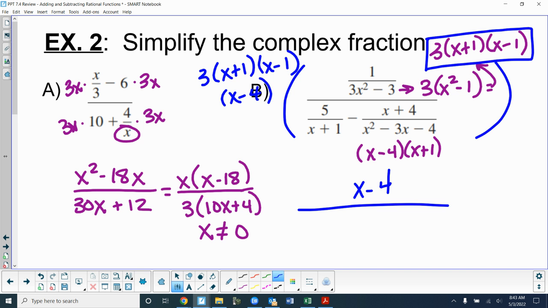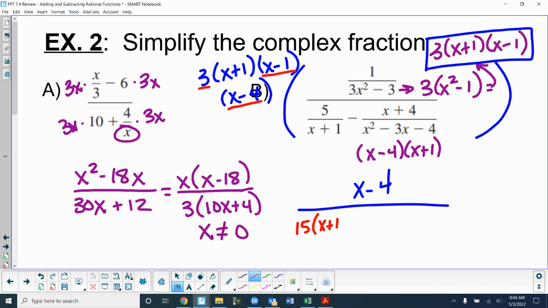Now, for this 5, I got to multiply it by all 3 of these. Because the x plus 1s will go away, right? So, what's 3 times 5? 15. So, this is going to be 15 times x plus 1.